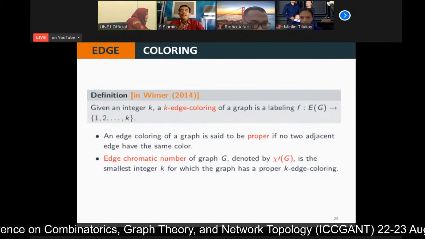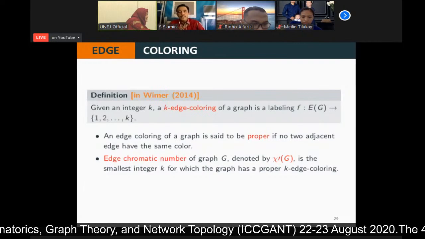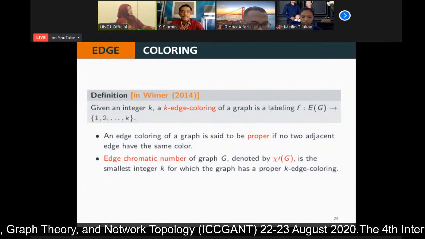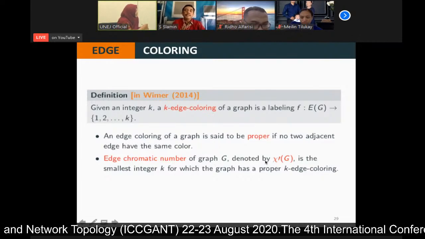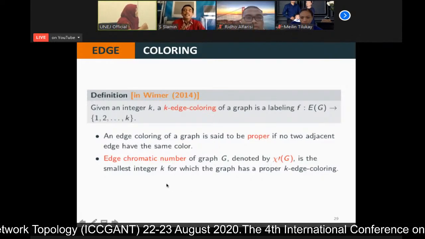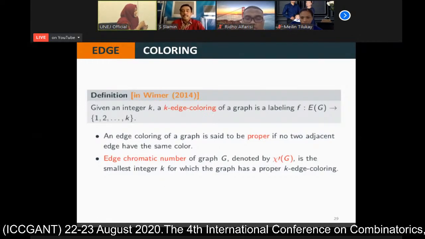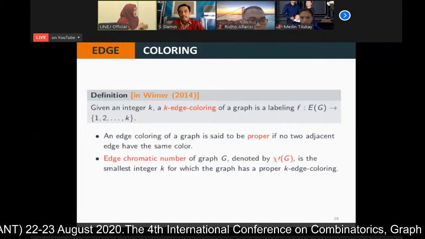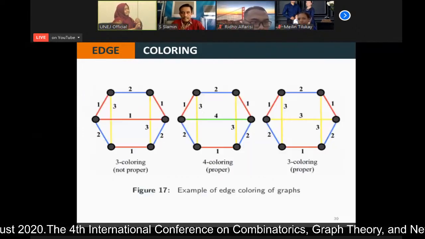An edge coloring of G is said to be proper if no two adjacent edges have the same color. The edge chromatic number of G is the smallest integer k for which the graph has a proper k-edge coloring. Actually, this is a similar definition to vertex coloring.